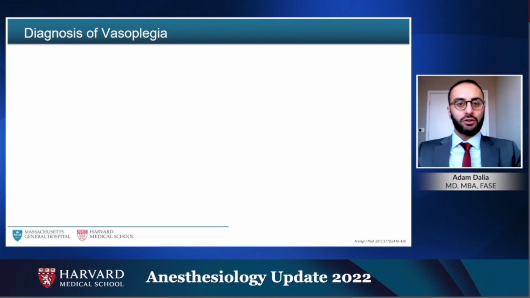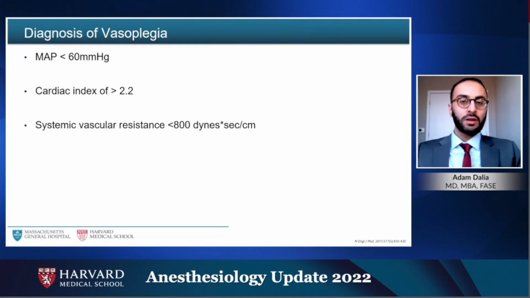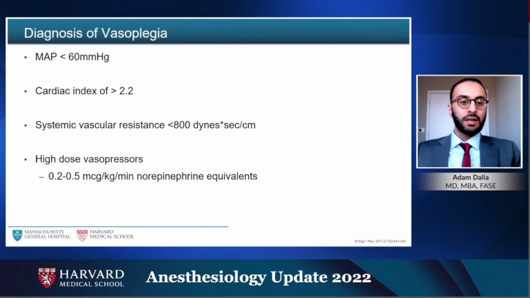So how do we diagnose vasoplegia? There's not one singular definition available, but generally, if you look at the literature, most of the definitions begin with a MAP less than 60, with a cardiac index greater than 2.2, a systemic vascular resistance less than 800, and being on high-dose vasopressors, generally between 0.2 and 0.5 mics per kilo per minute of norepinephrine equivalents.